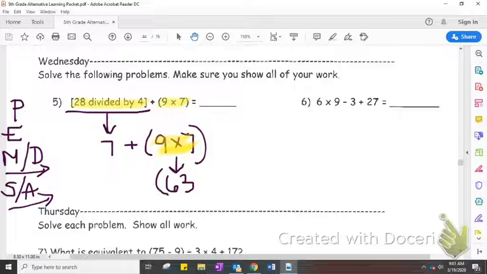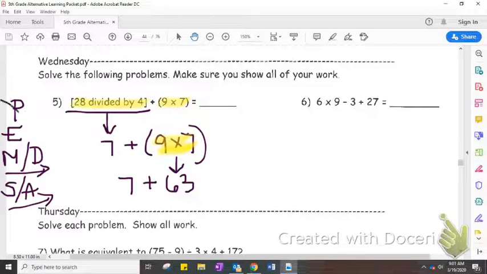Now, I can leave the parentheses, but I don't need them. The only reason why I would need to include the parentheses is if there was a value right here, like 2. That would then mean 2 times 63. But there's nothing there, so I don't really need the parentheses. At this point, I can abandon them.